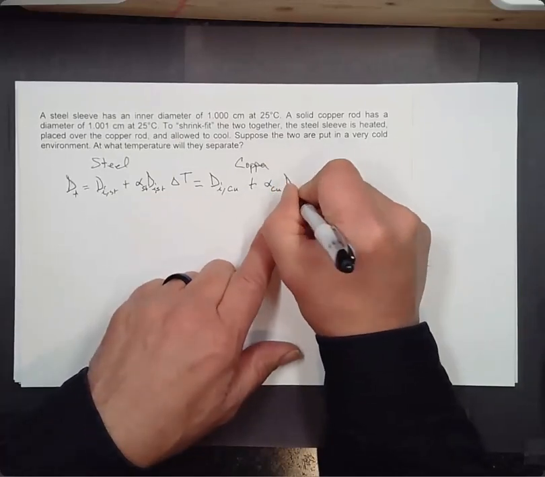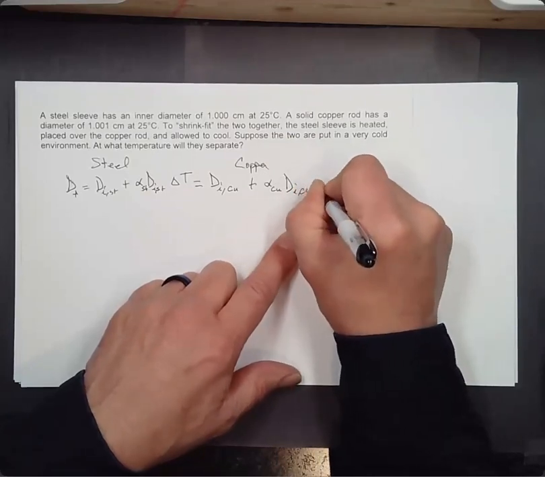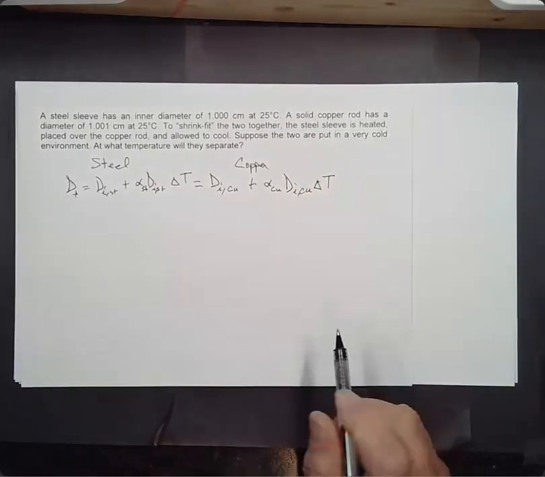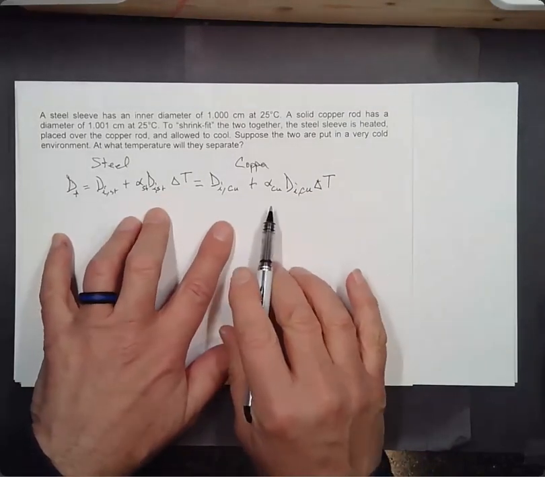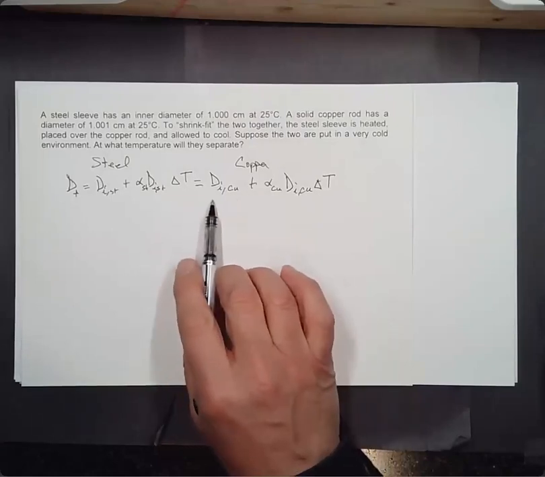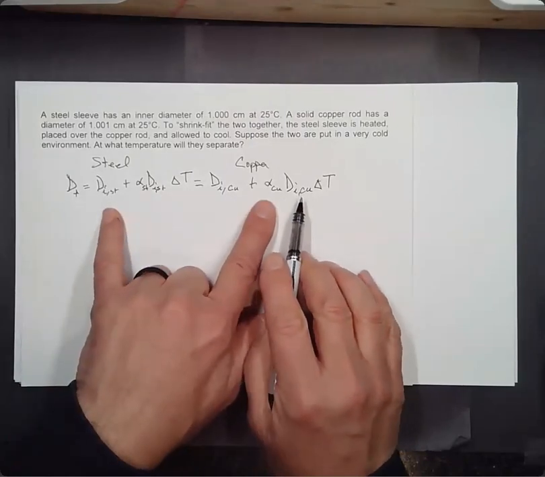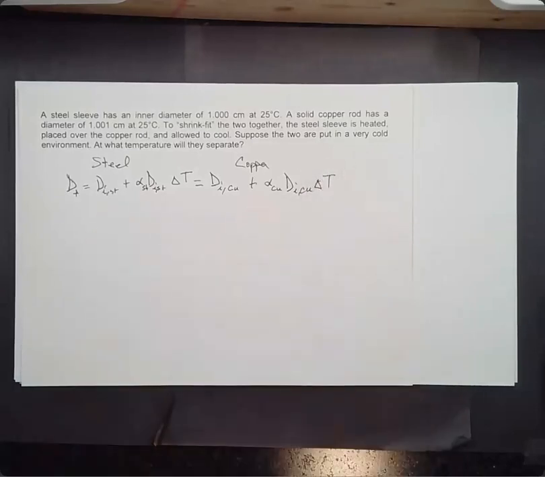So D initial Cu times delta T. It's a pretty complicated expression, but delta T is going to have to be the same if you're putting the two in the same very cold environment. At what temperature will they separate?